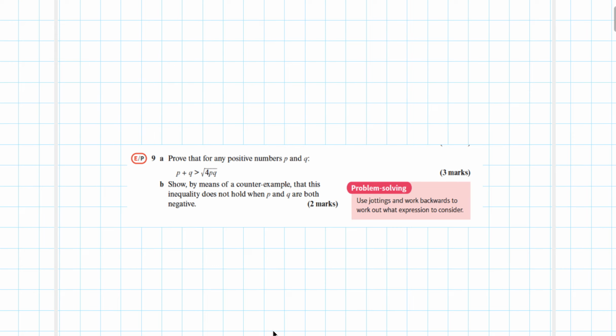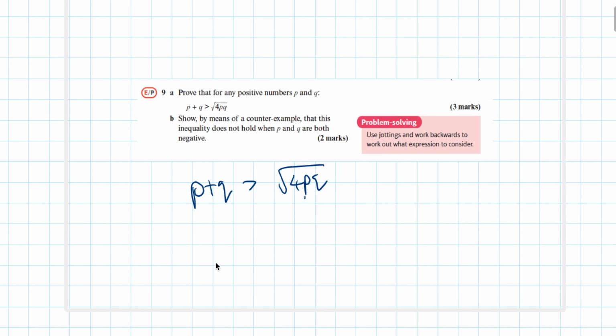Question 9, prove for any positive numbers p and q, (p+q)/2 is greater than or equal to the square root of pq. So for this one, I would start from getting rid of the square root, because that's not going to help us. So if we square both sides, we end up with (p+q)^2 is greater than or equal to 4pq.